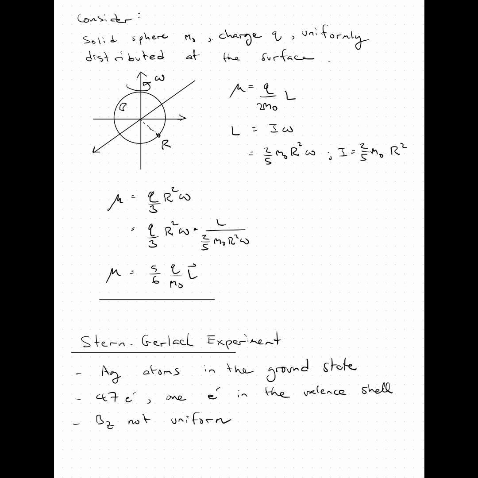Okay, and if we do that, if we consider this, we can draw a picture that describes the experiment. There's a source of particles, silver particles, and they're traveling along the axis through a magnetic field.